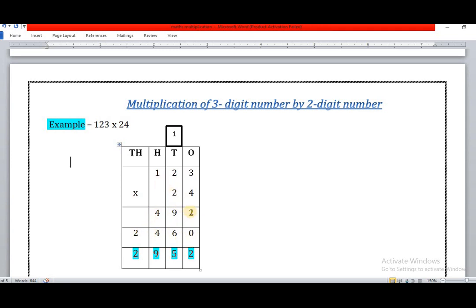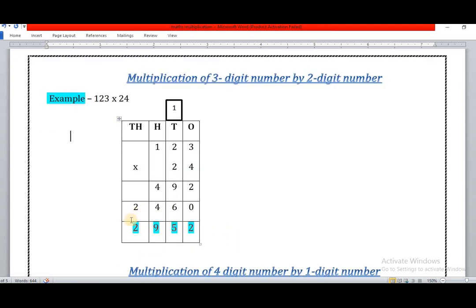And finally I have to add this. 2 plus 0 is 2. 9 plus 6 is 15. I have written 5 and 1 was carried on. 4 plus 4 is 8 and the one which was carried, so it is 9 and this will be 2. Clear? So the answer is 2952.